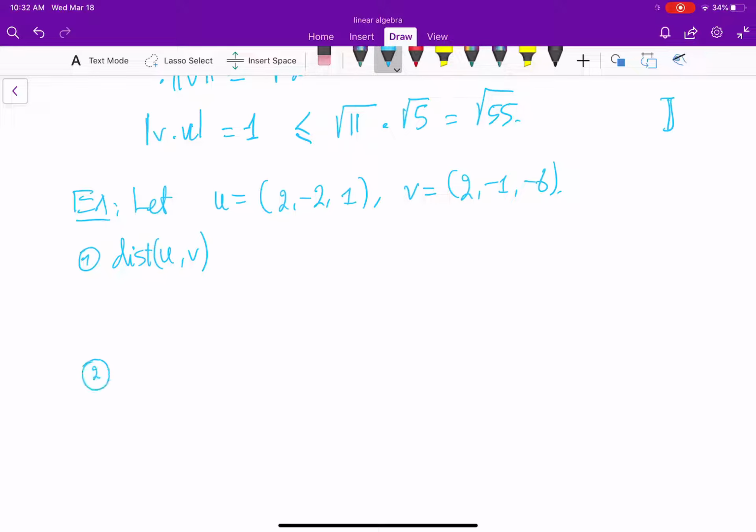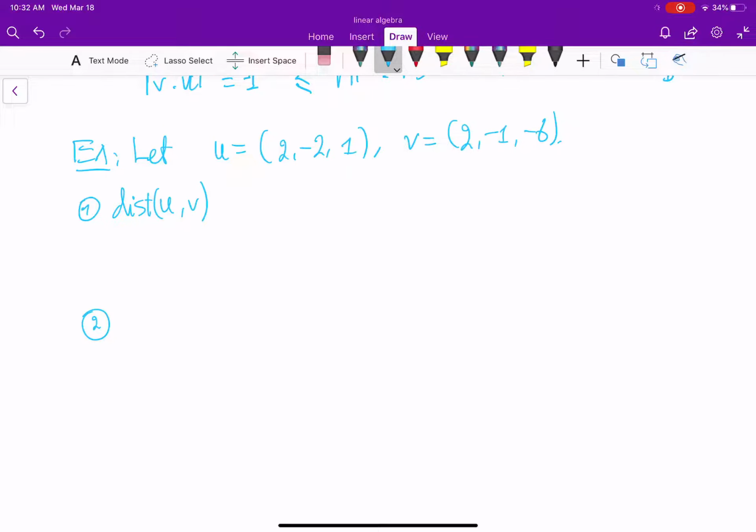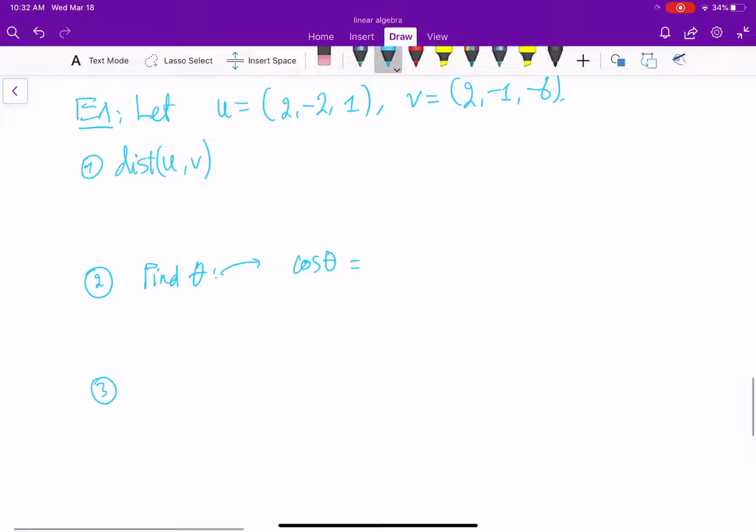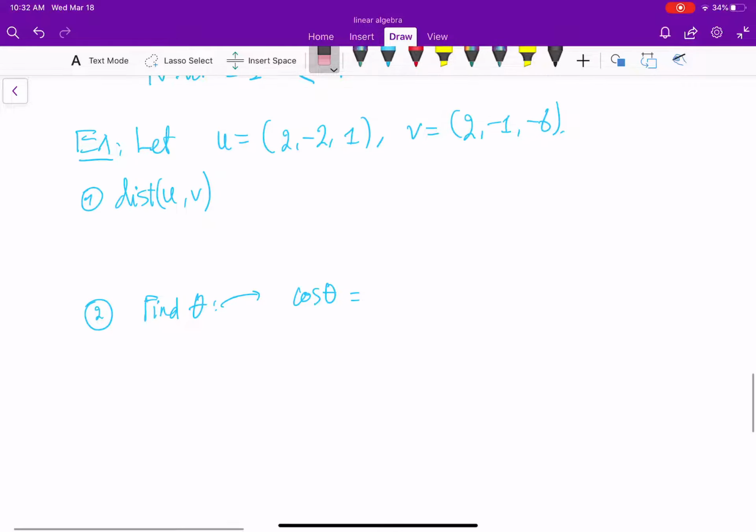The second, let's find the angle theta, so that means we need the cosine. And the third one, determine, oh, from here we can see if u and v are orthogonal or not. All right. I think that is enough for this.